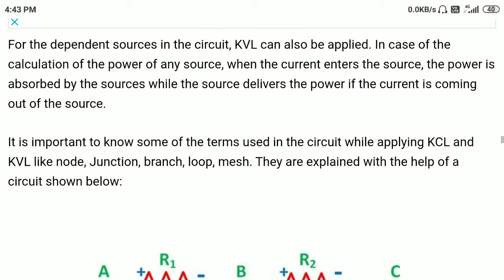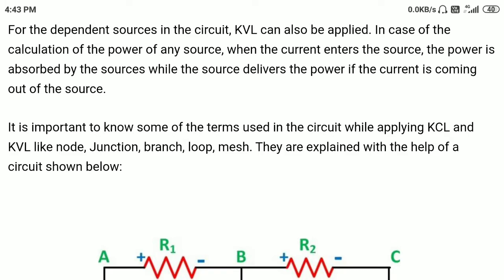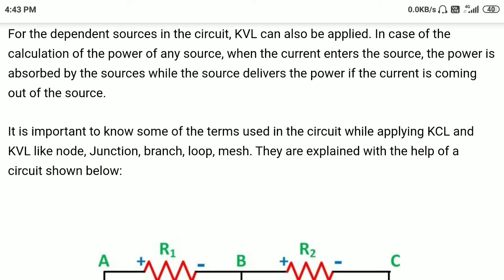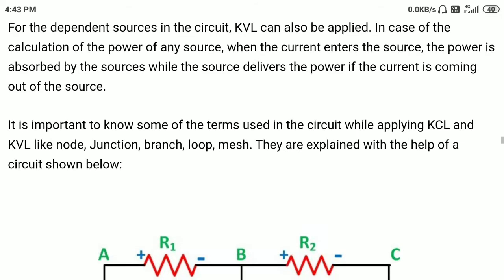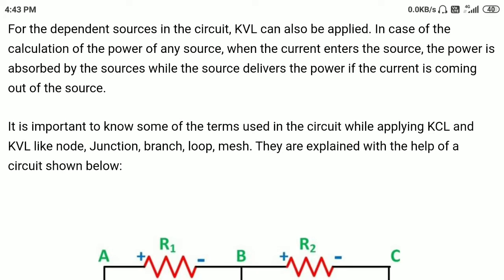So this is for the dependent sources. For the dependent sources in the circuit, KVL can also be applied in the calculation of power of any source. When the current enters the source, the power is absorbed by the source, while the source delivers the power if the current is coming out of the source.